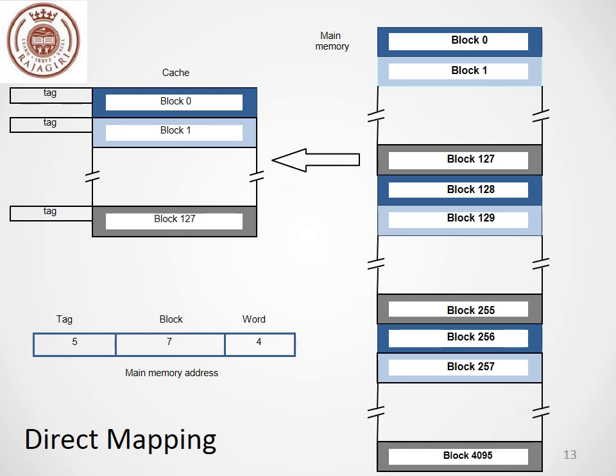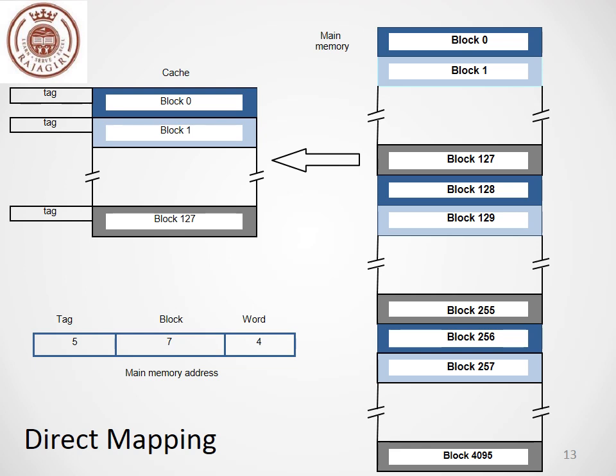Now, how is the direct mapping happening? Block numbers 0, 128, 256, etc. can be mapped only into block 0 of the cache. Similarly, block 1, 129, 257, etc. can be mapped only into block 1 of the cache.